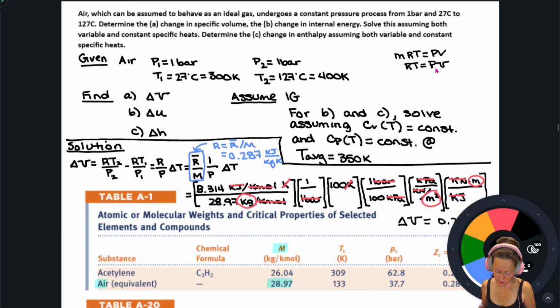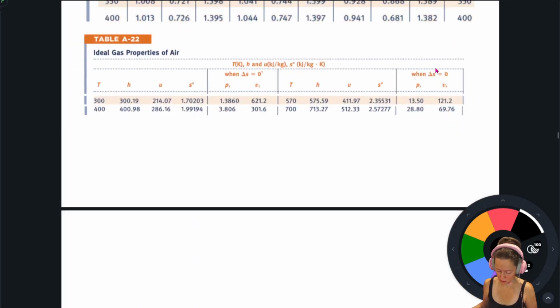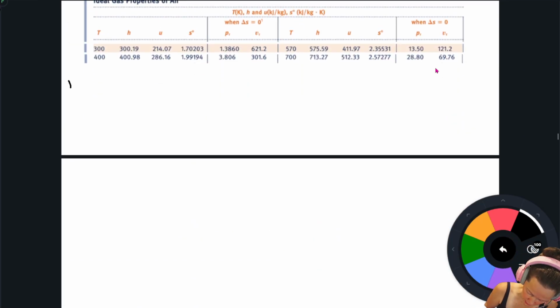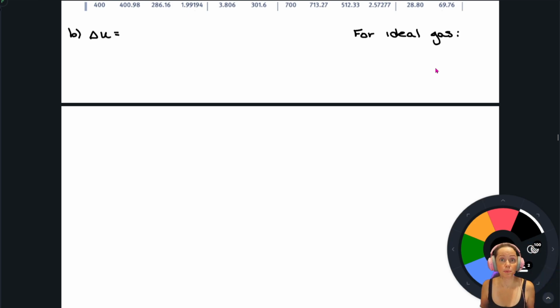Now we need to get our delta U. Well, I can look it up. So let's step back for a second. We're looking for delta U. And the really nice thing for an ideal gas is that we make some assumptions or simplifications.